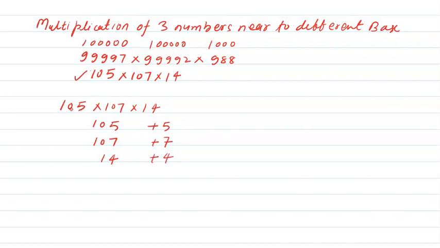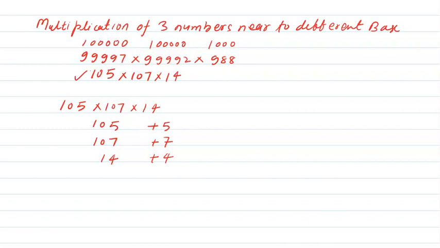I hope you understood this, because when I am calculating the surplus here, I am considering the base as 100. When I am calculating the surplus here also I am considering the base as 100, and for this the base I am considering is 10. Okay, fine. So let us proceed further.